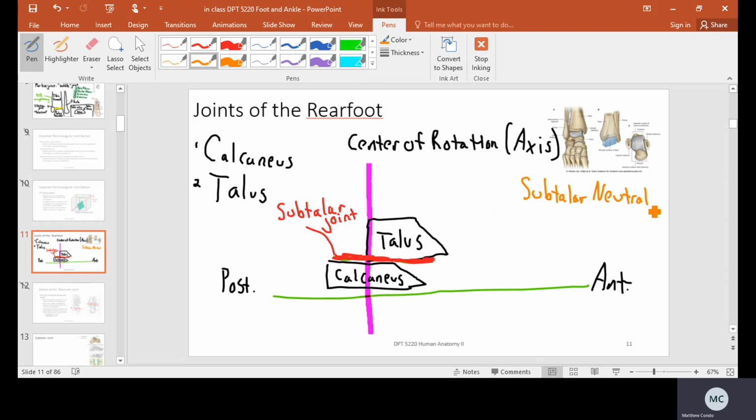That cast is then taken to a lab, and they put the cast on a plate and measure how much distance at a bunch of different points they need to build up an insert or orthotic. So they're building the orthotic up, building the ground up to the foot.